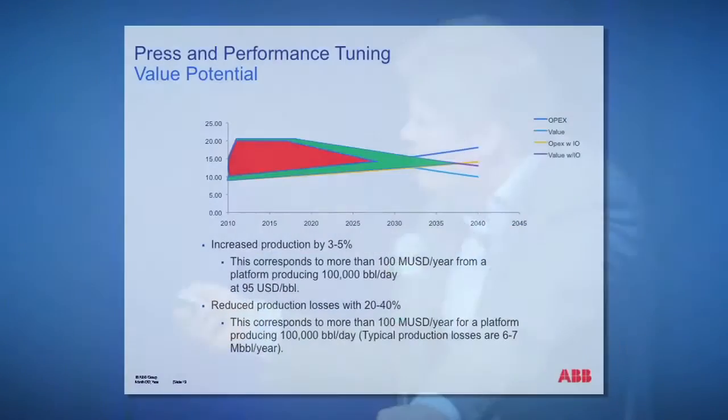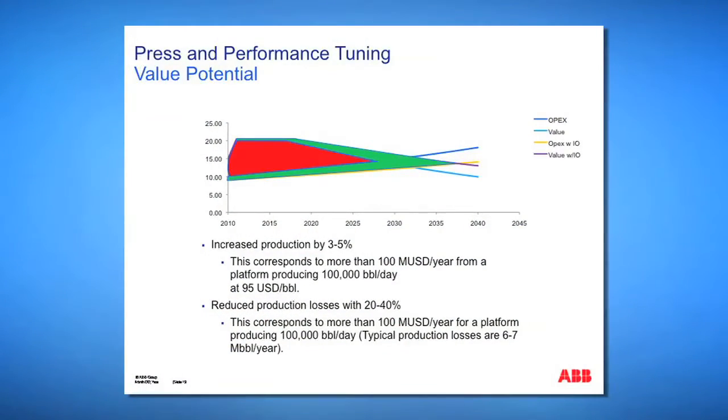So it's quite interesting. In summary, what you want is to take out this green area. You want to take the value of your plant up, so the production you want to take up to the purple bar here, and you want to reduce the OPEX from the blue down to the yellow, and you take out this green field here.